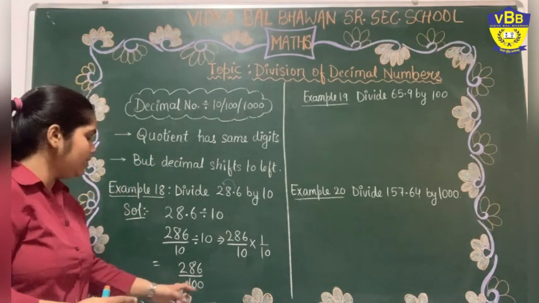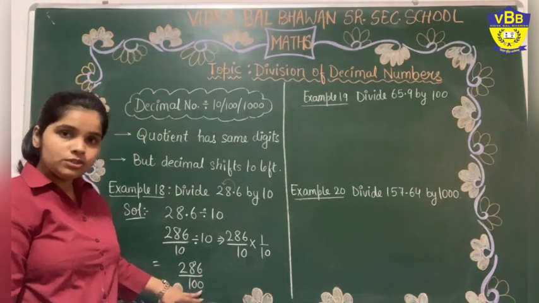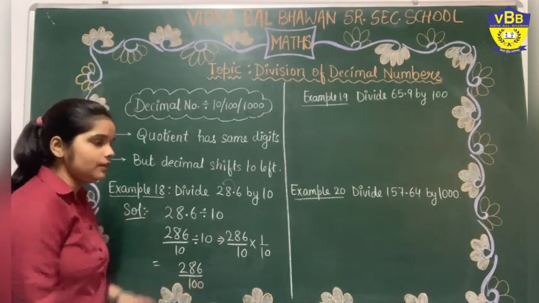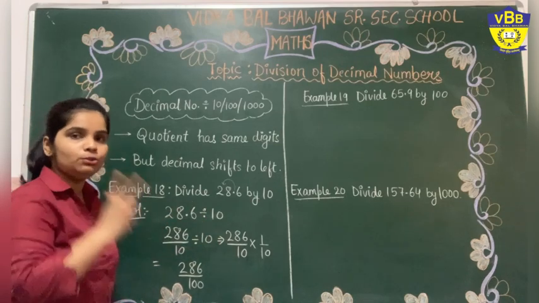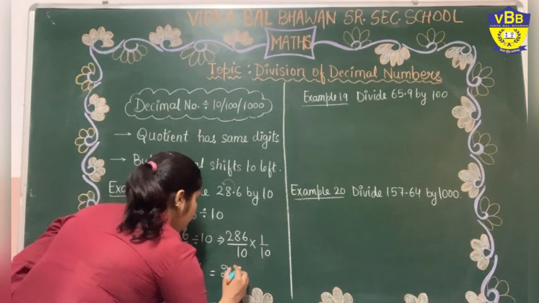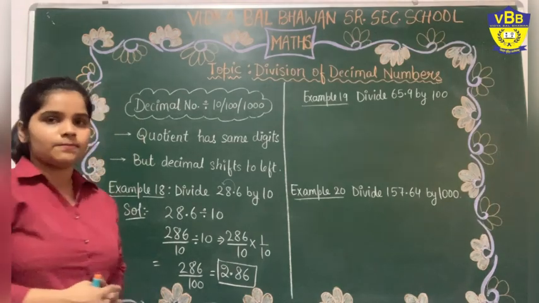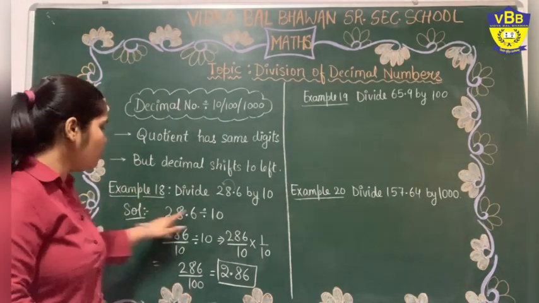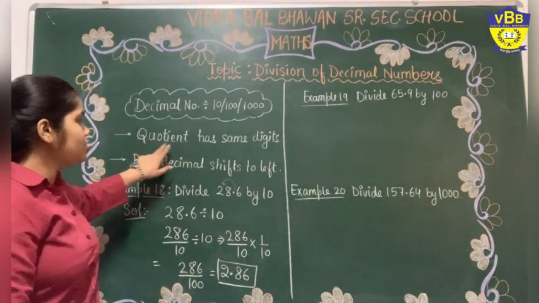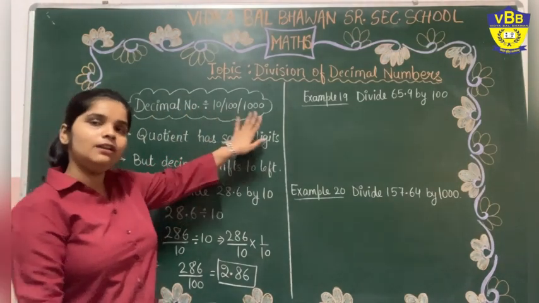Now when you write it as a decimal, you count the number of zeros in the denominator. There are 2 zeros in the denominator, so place the decimal in the numerator after 2 decimal places from the right side. So it will be equal to 2.86. The answer is 2.86. Basically, this whole process justifies that the quotient has the same digits when we divide any decimal number by 10, 100 or 1000.